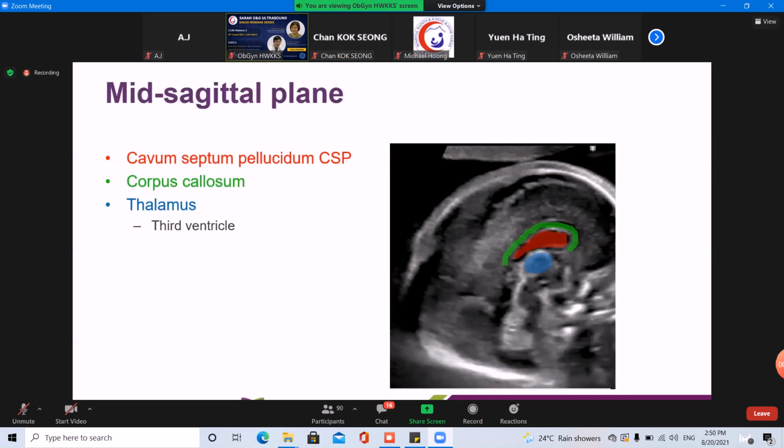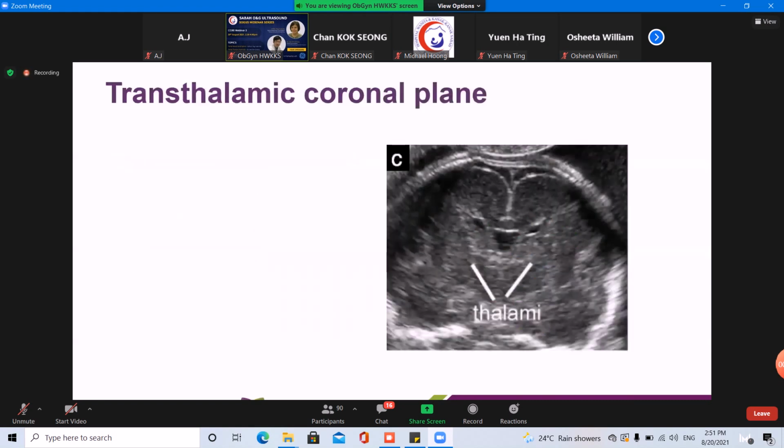Below the CSP, you will be able to see the thalamus and the third ventricle in the middle, and we can also see the cerebellar vermis here, with the fourth ventricle in front and the cisterna magna at the back. So the most important structures in this mid-sagittal plane are the corpus callosum and the cerebellar vermis, because you can examine the whole thing at this plane.